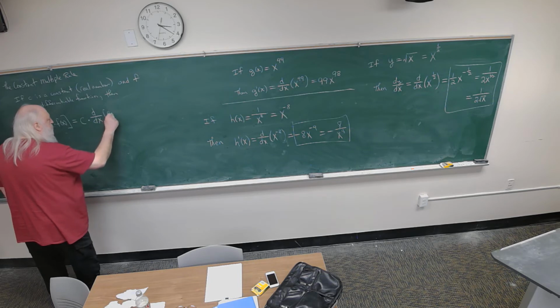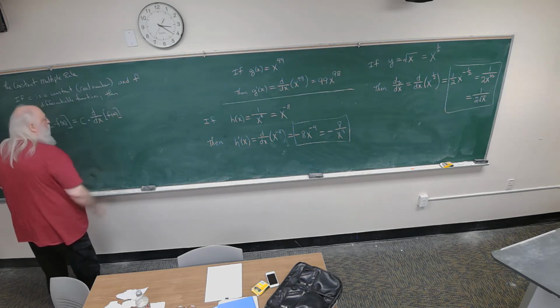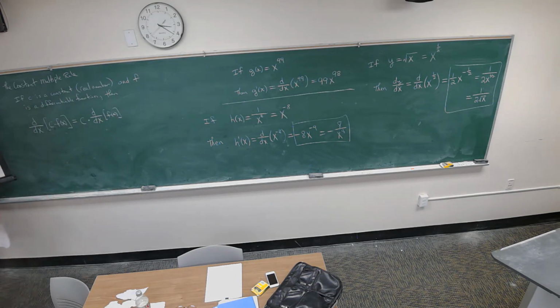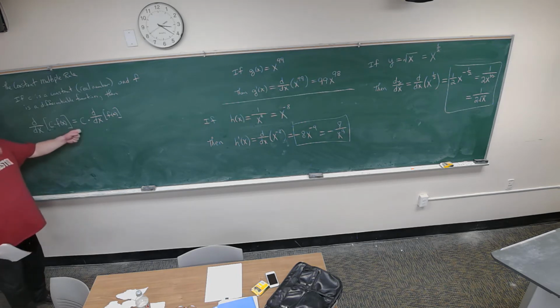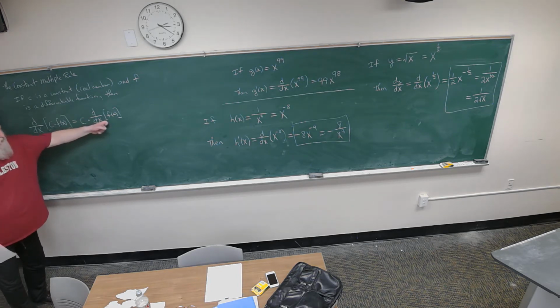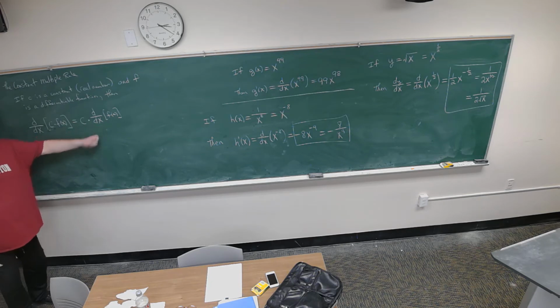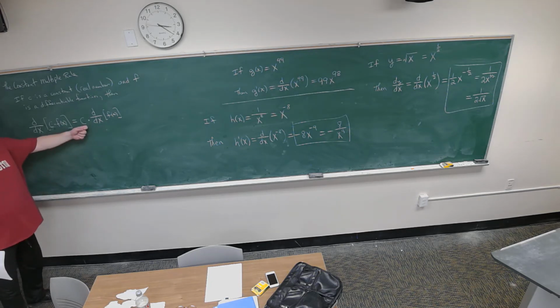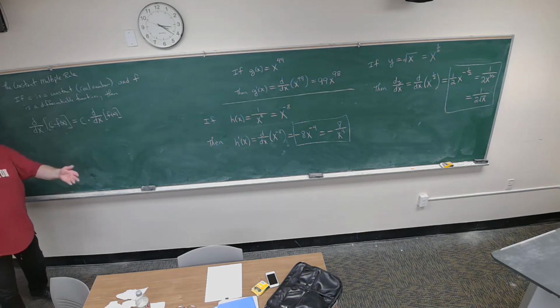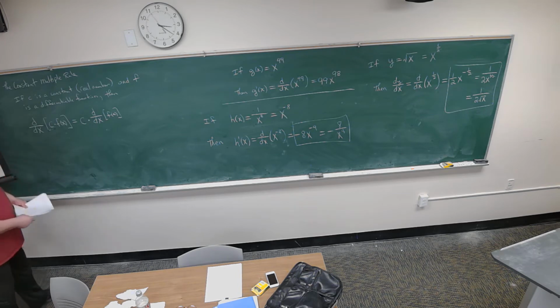This is equal to C times the derivative of f of x with respect to x. Just like with limits, if C was a multiplicative constant, you could pull it out in front. You can do the same thing here.